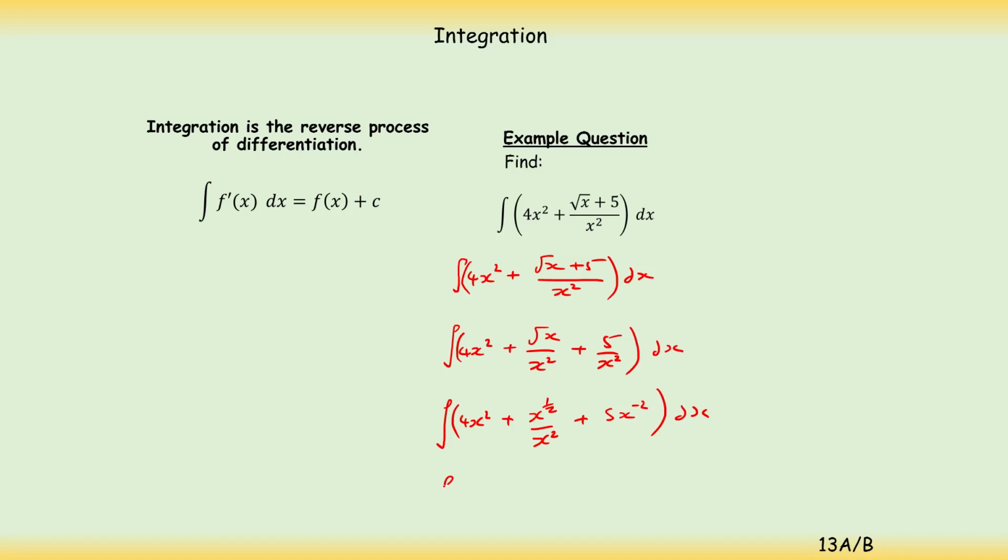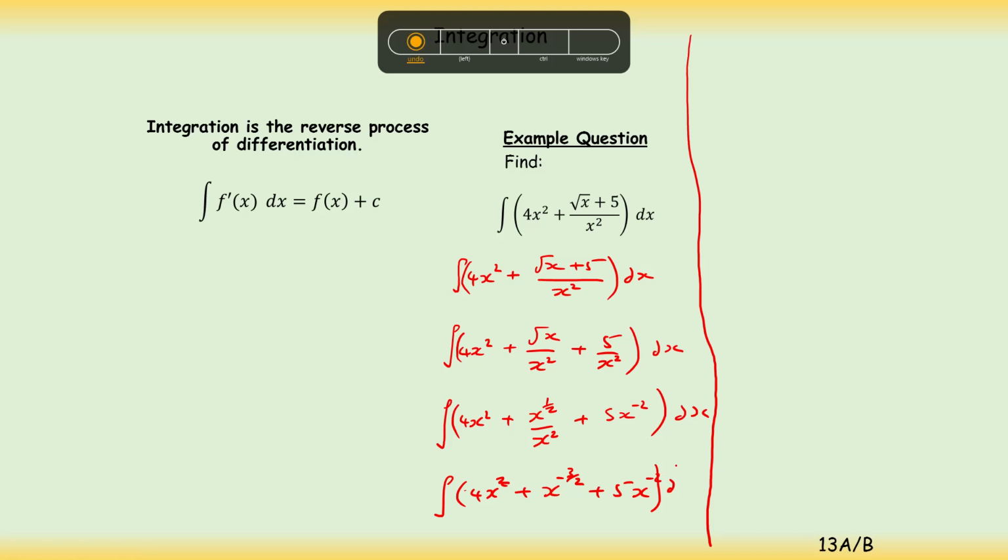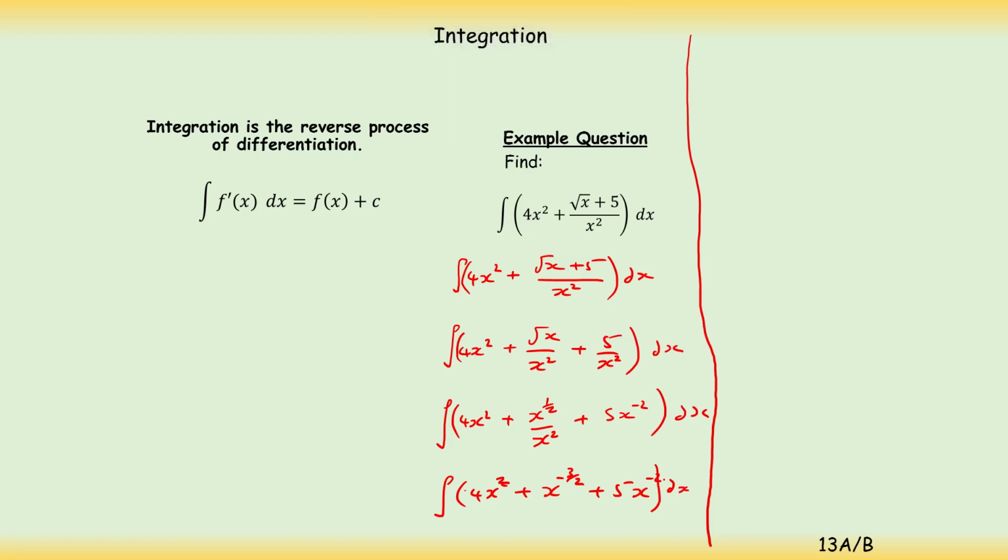And so simplifying, we've got 4x squared, subtracting the indices, a half minus 2 gives us x to the power of minus 3 over 2 plus 5x to the power of minus 2. I'm going to continue down this side here. Running out of room. Close brackets with respect to x. It's a minus 2 by the way.